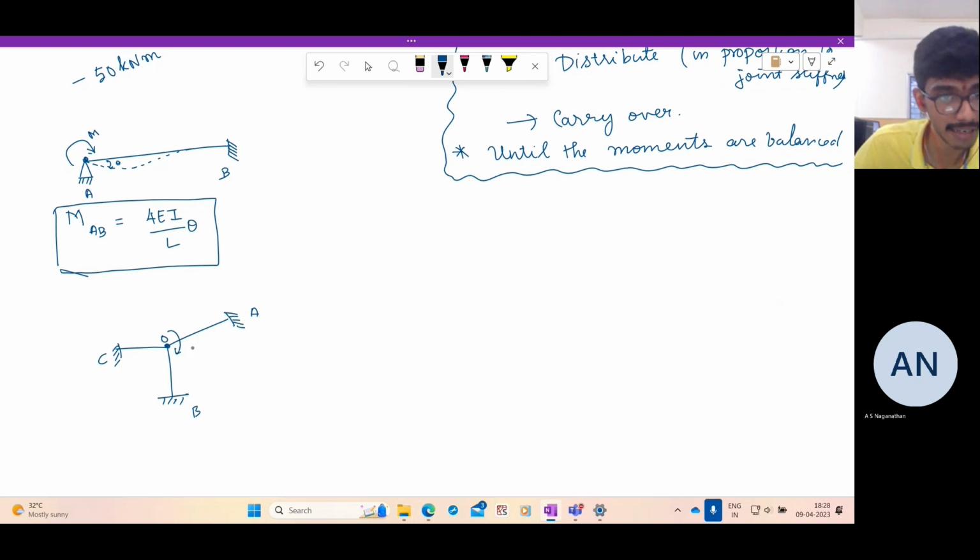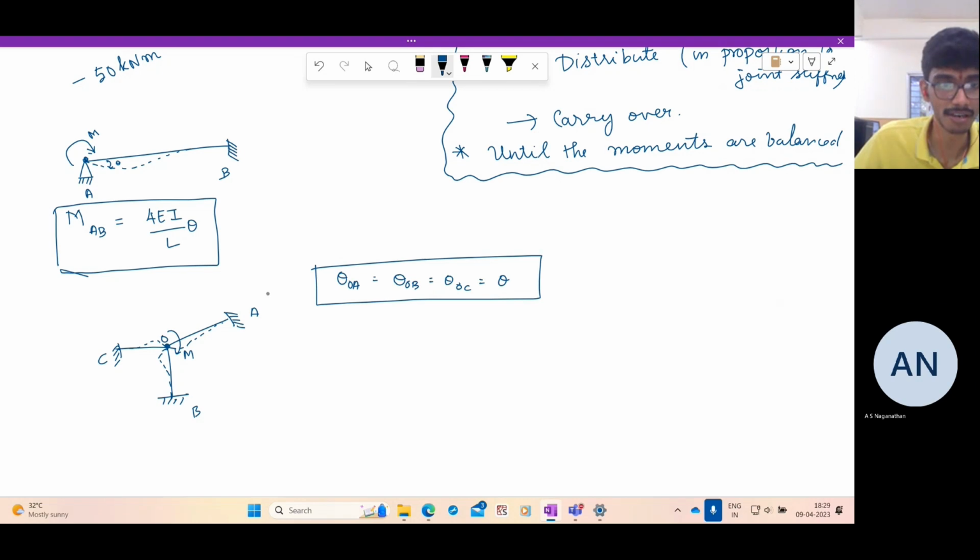Suppose the joint rotates by theta under the action of a moment M. These beams will deflect in this way, and we have theta OA equal to theta OB equal to theta OC equal to theta. This is the compatibility condition. The joint is rigid, so the angle initially between the connected beams is preserved as the beams deform, which means all of them rotate by the same angle, theta.